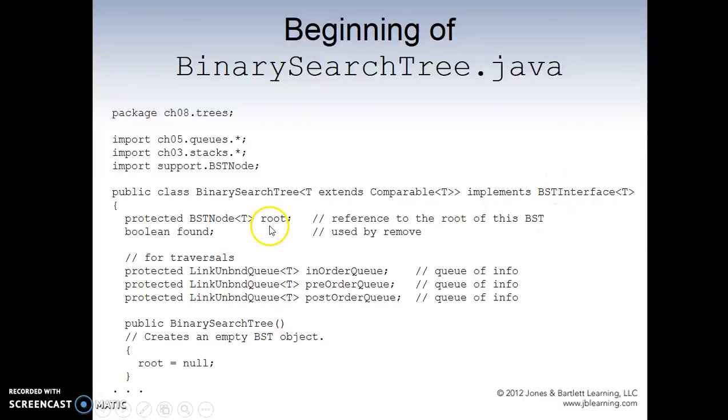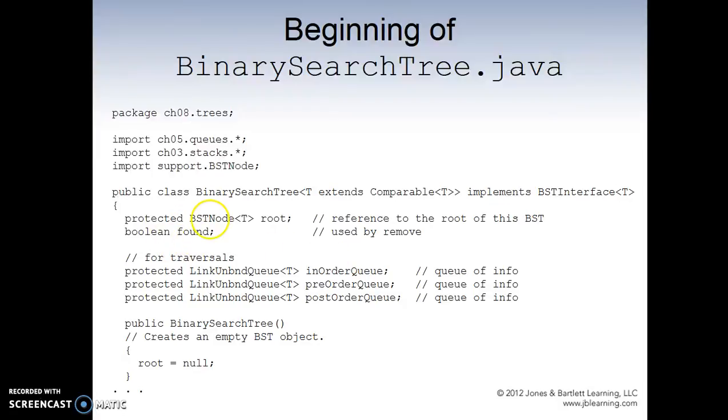We're going to create a node to point at the root of the tree. Just like in the linked list, where we have list, this is called tree or root.